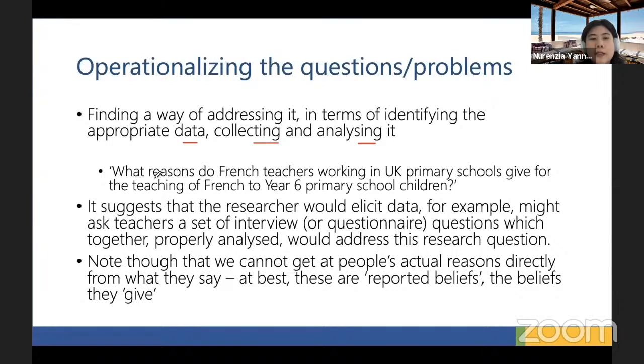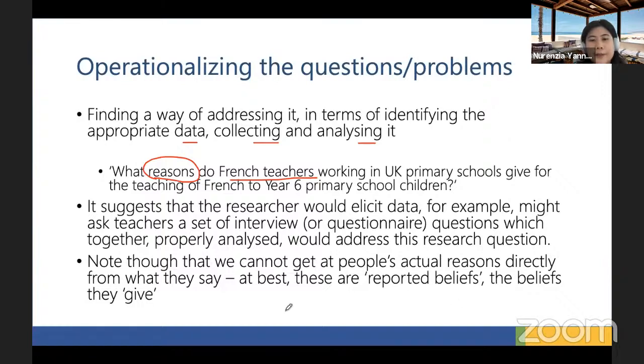Oh, karena dia ingin tahu reasons, ya. Berarti yang dia lakukan harus menginterview French teachers. So the data would be interview transcripts, gitu ya, and then collecting data by using questionnaire, and also interview, and then we'll analyze it in a certain way.